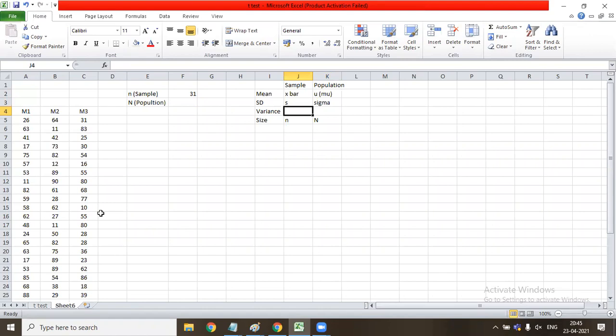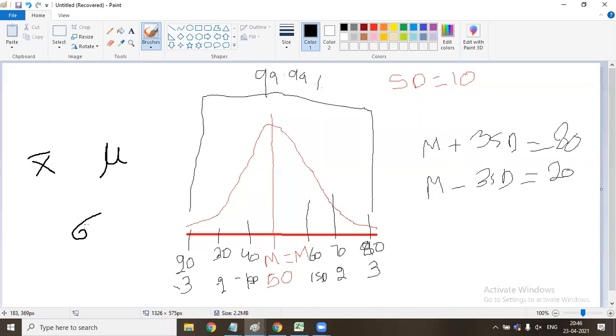Sample variance is denoted by S square. Population variance is denoted by sigma square. That is like this, sigma and square.